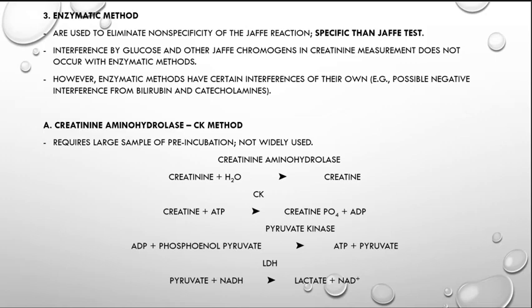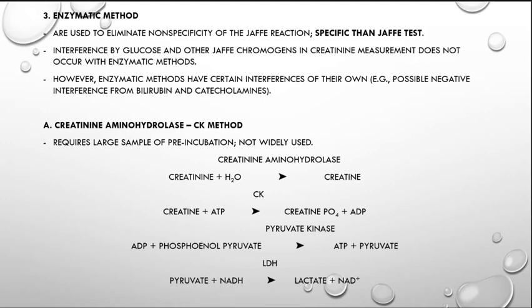Okay. Next, we have your enzymatic method, also known as your creatinase method. It is used to eliminate the non-specificity of the Jaffe reaction because, as I said, the enzymatic method is more specific and routinely used. First, here we have your creatinine aminohydrolase creatinine kinase method.